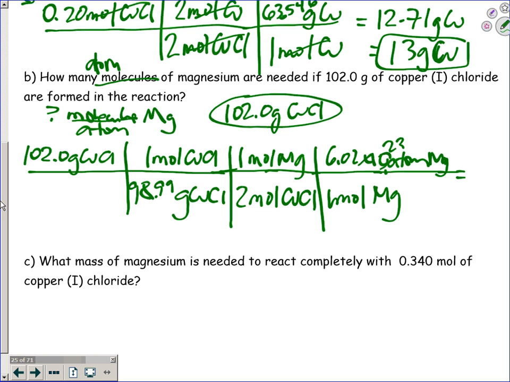Double check. Alright, and go. 3.011 times 10 to the 23rd. Oh, I got that. Okay. Atoms, not molecules, my bad on that, of magnesium.